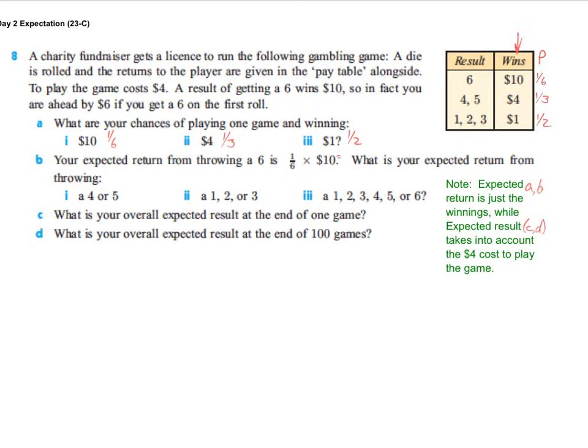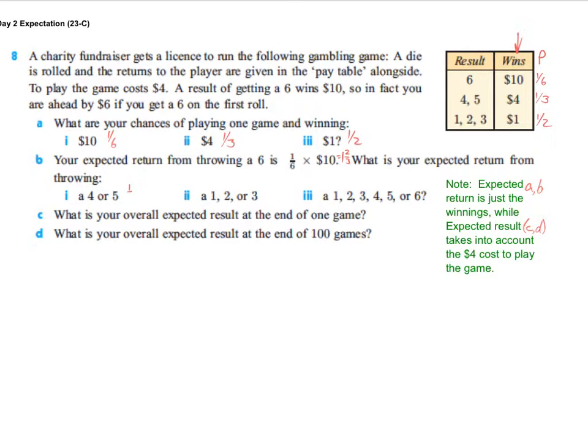So if we're looking at expectation, 1/6 times 10, that's going to be a 1 2/3 expectation there. All they're asking you to do on numbers 1 and 2 for part B is do the other two parts of this.